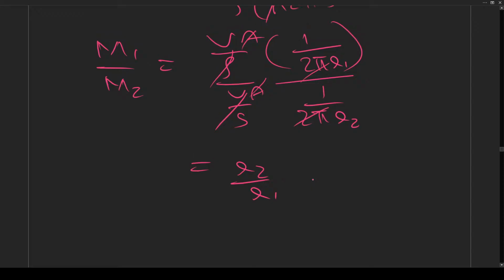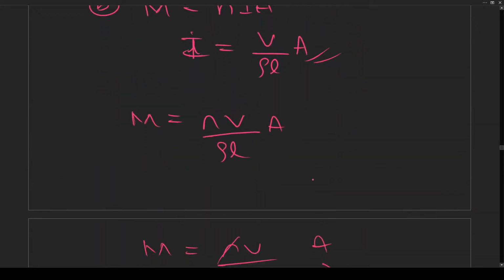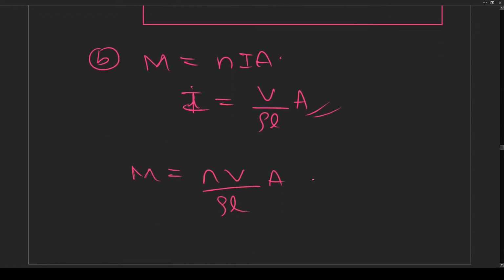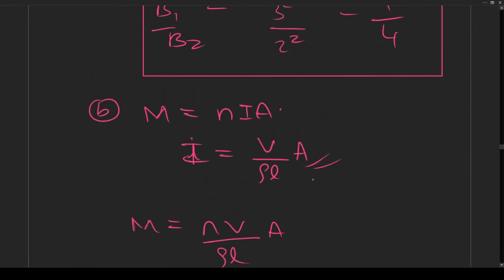But it seems there is one more A here. In NIA, this A is the area of the coil, and the other is the wire. This is the coil. So it will be A times A coil.